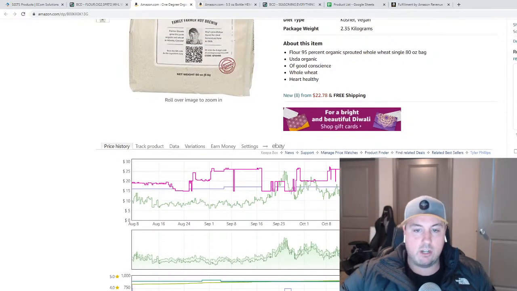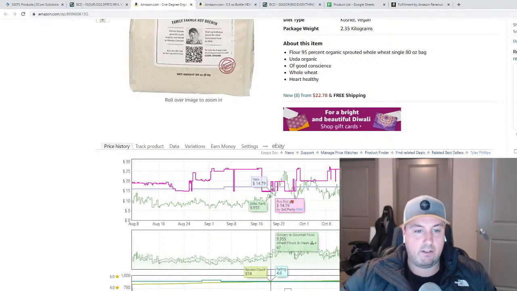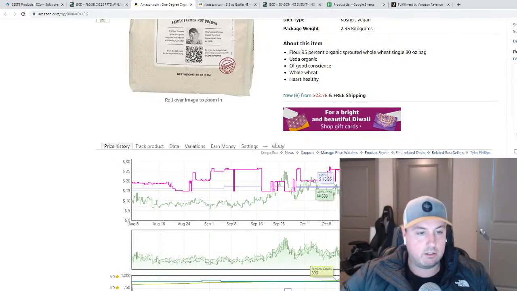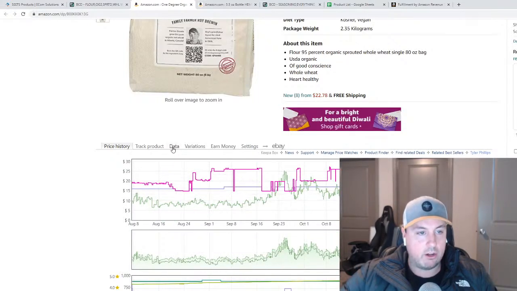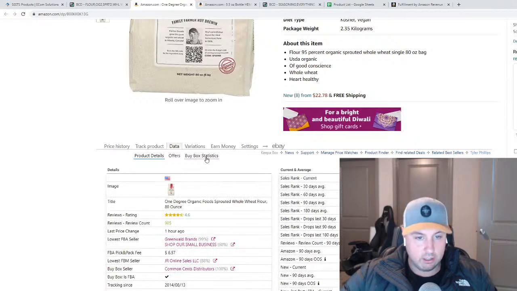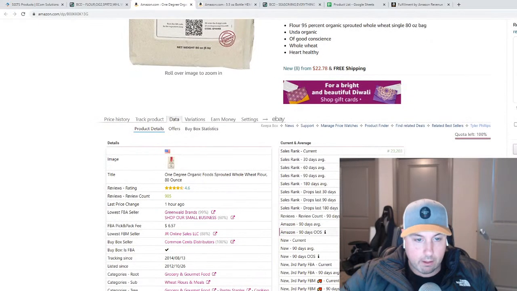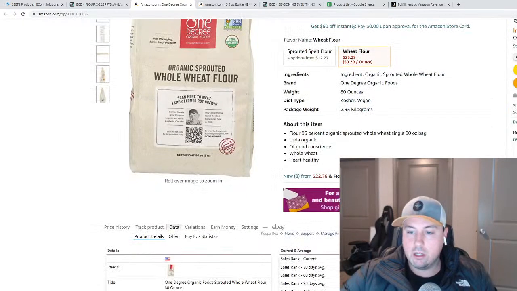All right, so now we're going to look at the buy box and just see where it's been the past few months, in comparison to now. Used to be 1479. The other thing you can do is go to data here and see the average last 90 days sale price.